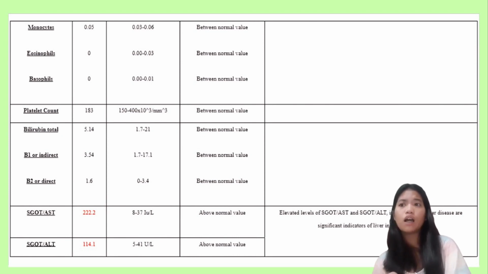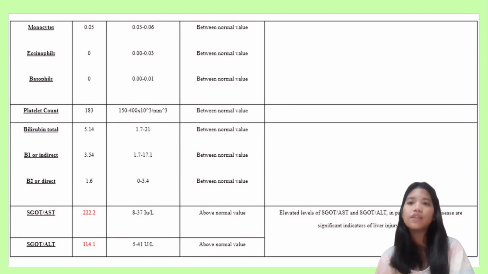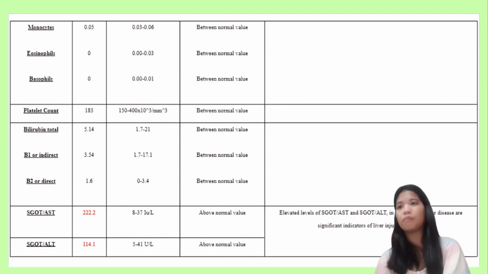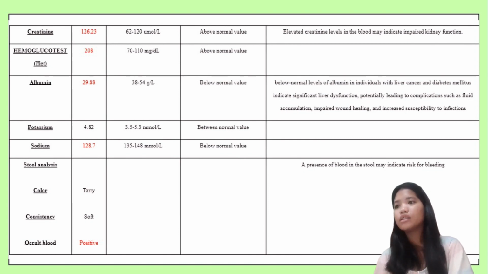So again, the patient's result is still very high. So elevated levels of SGOT-AST and SGOT-ALT in patients with liver disease are significant indicators of liver injury or damage.